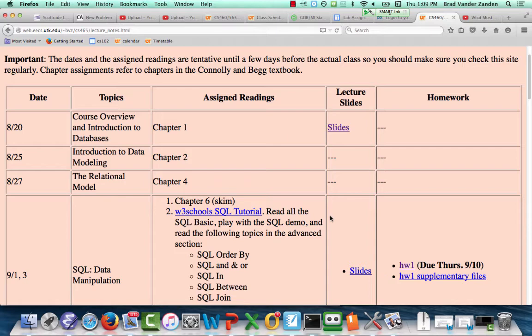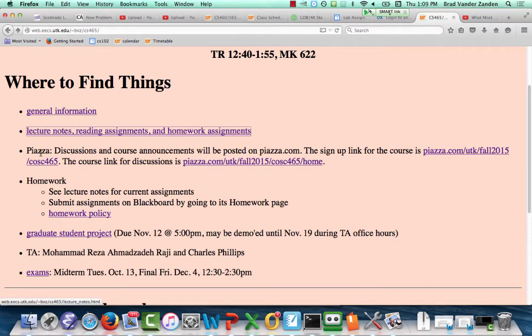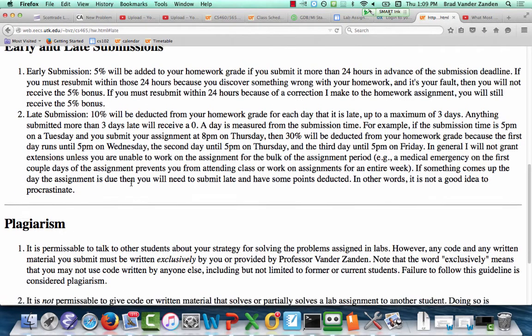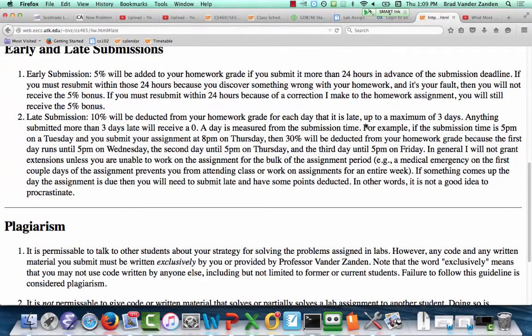If you're inside the 24-hour window, you don't get extra credit, but you're not docked. You are allowed to submit homework late, but should you do so, there is a 10% late penalty, and you can submit it up to a maximum of 3 days late. So if you're 3 hours late, it's a 10% deduction. If you are 27 hours late, it's a 20% deduction, and so on.